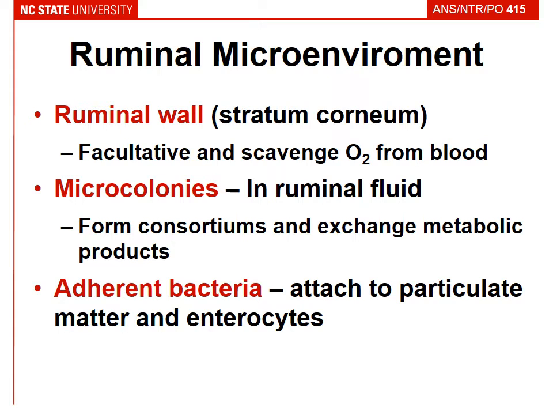So we have this ruminal microenvironment. The rumen wall is the stratum corneum, which we discussed in the last lecture. Those are the dead cells. So the facultative bacteria are actually able to scavenge oxygen from the blood, so a lot of facultative bacteria live there. And within the rumen fluid, we have a lot of these microcolonies.